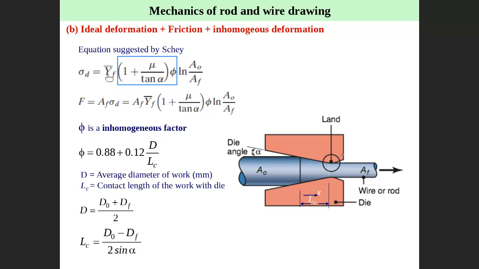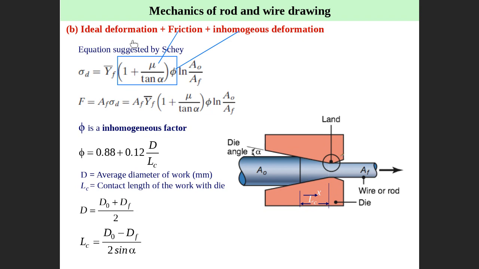It was like this initially, in the ideal case, with no friction and no inhomogeneous deformation considered. Now they added this part: 1 plus mu divided by tan alpha, multiplied by phi. In this modification they consider the friction and the inhomogeneous deformation.